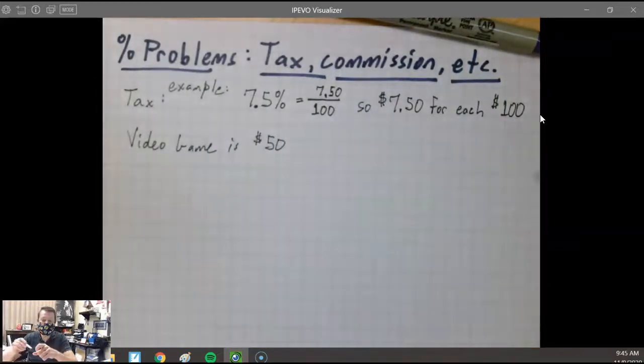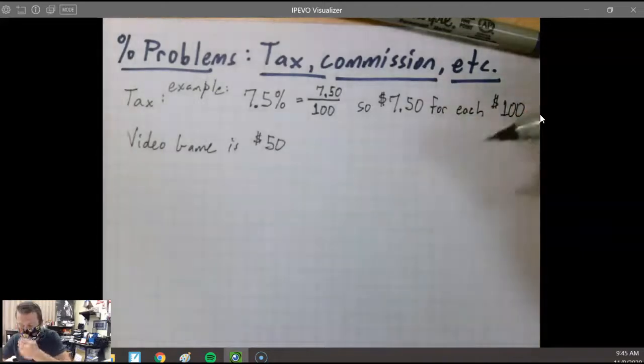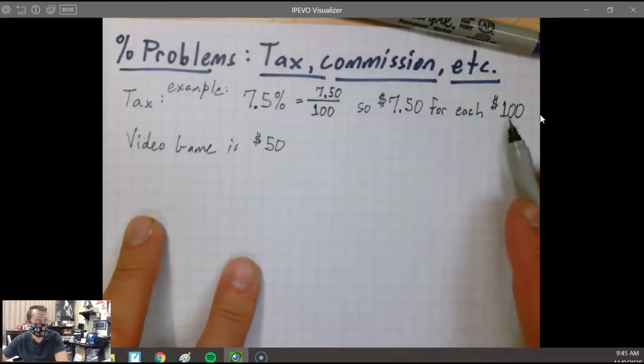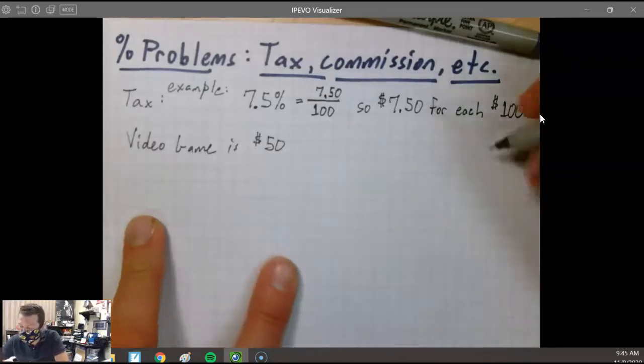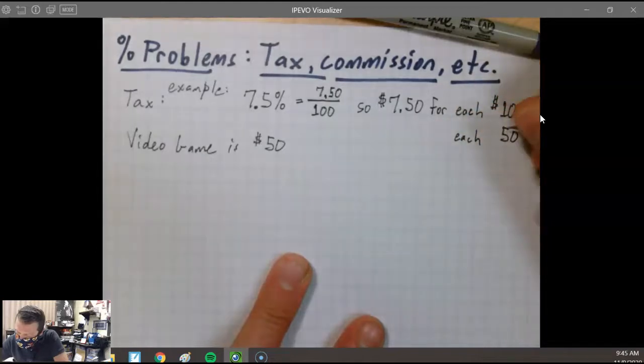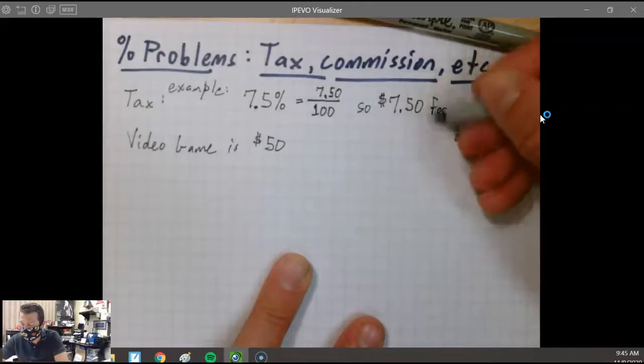Can I say what the tax for the video game is? Yeah, sure. $3.75. How'd you figure that out? I split $7.50 in half. Yeah, so if it's $7.50 for every 100, then for 50, we would split in half.